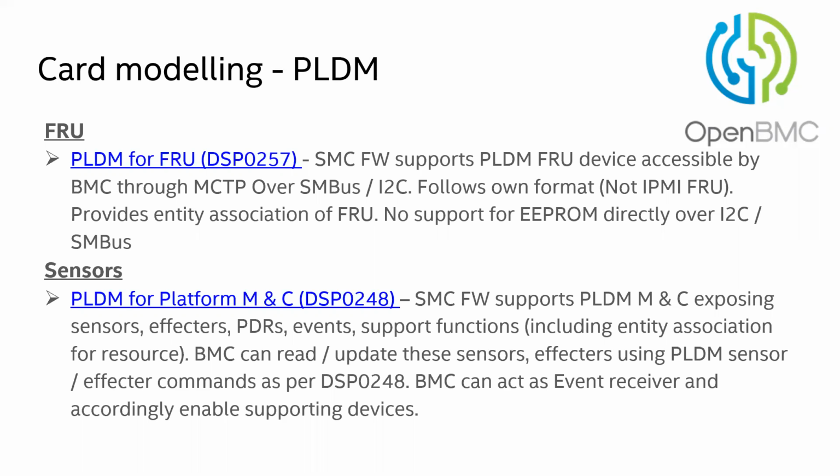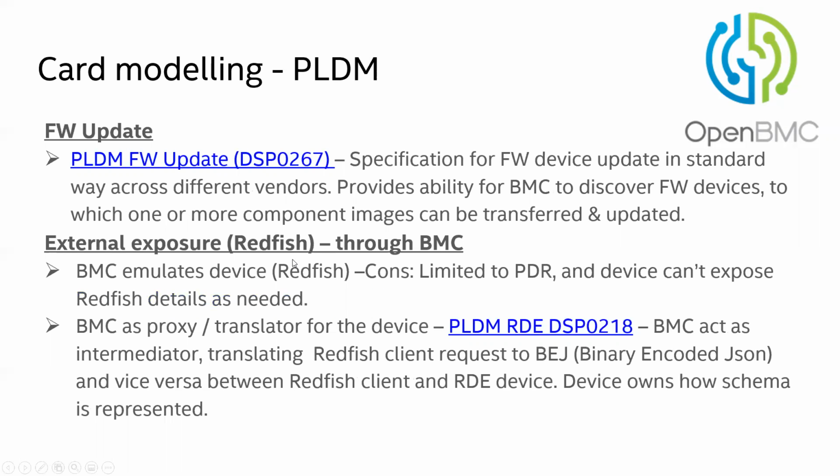So this is another way of sensor monitoring. Either the BMC can query the sensor per the interval that has been advertised, or it can even monitor the events if the add-on card supports eventing. These are all possible methodologies for how sensors can be represented through PLDM.